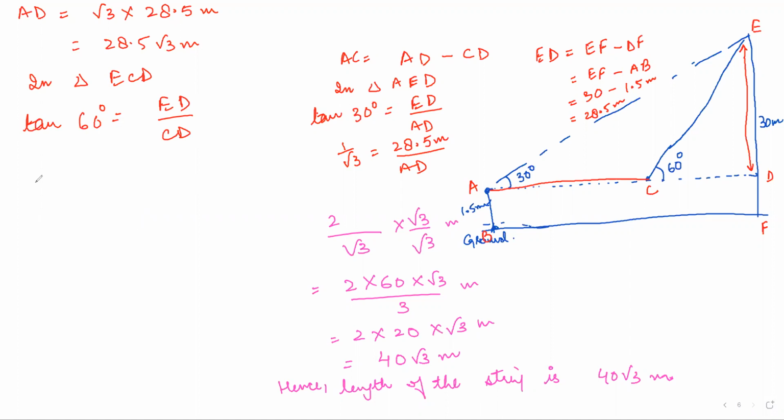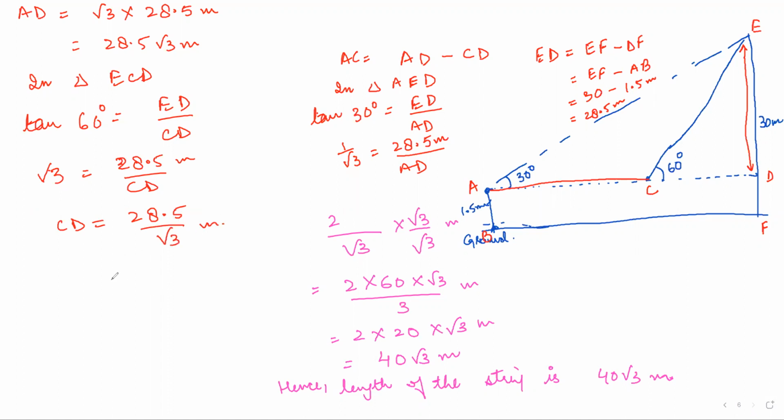Tan 60 is root 3. ED is again 28.5 meter and CD I want to find. So from here your CD will be 28.5 divided by root 3 this time, right?